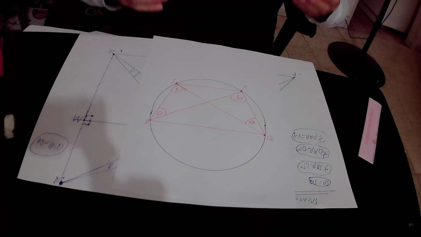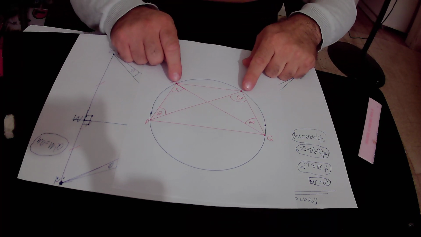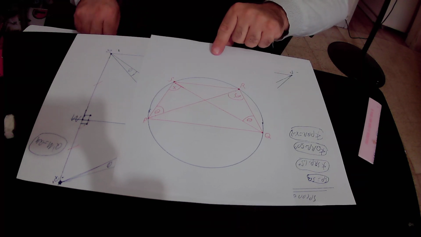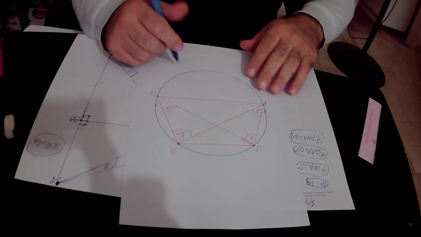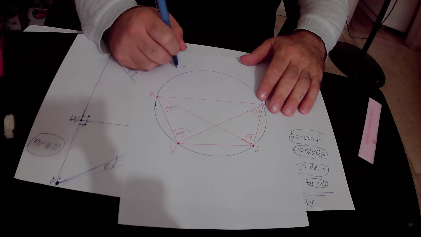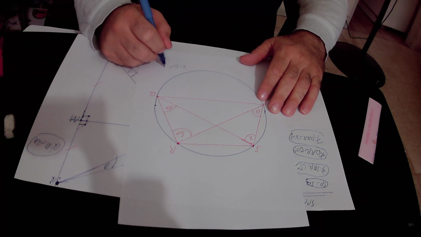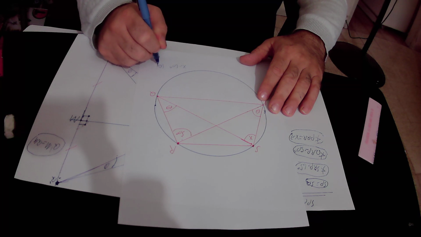Therefore, according to rule number 3, they are equal to each other. That is to say, X equals 50 degrees. So actually, X equals 50 degrees according to rule number 3.